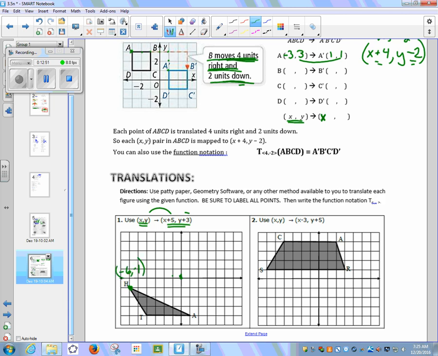If we're going to add 5 to it, negative 6 plus 5 is going to give us negative 1. And then the y is at negative 1. We want to add 3 to it. Negative 1 plus 3 is 2. So our H prime is going to be at negative 1, up to 2, H prime.